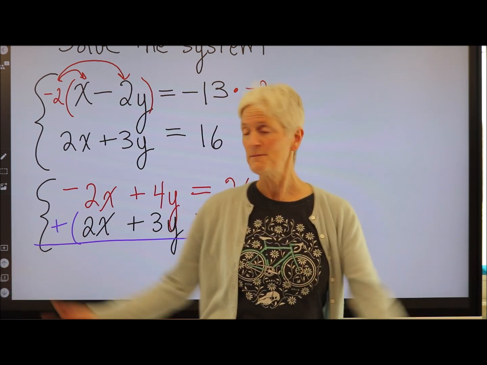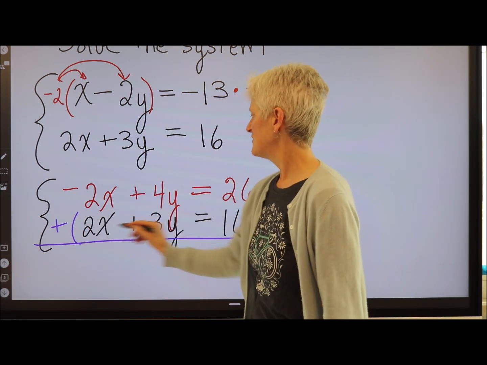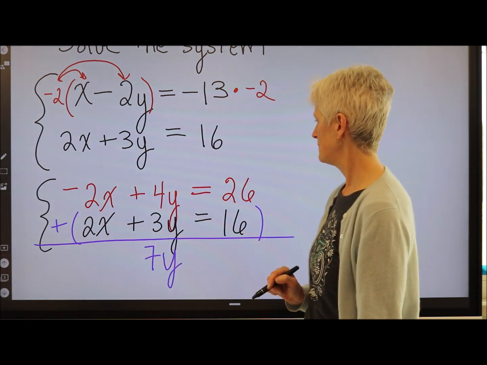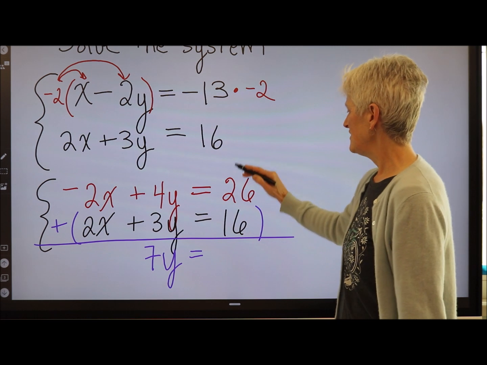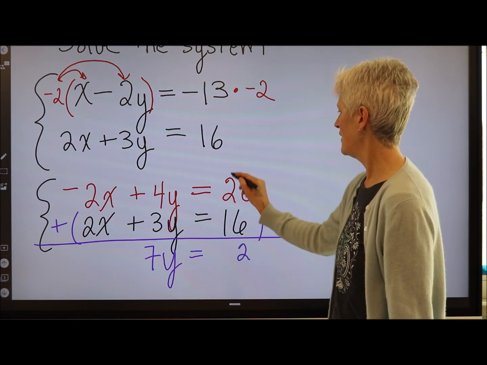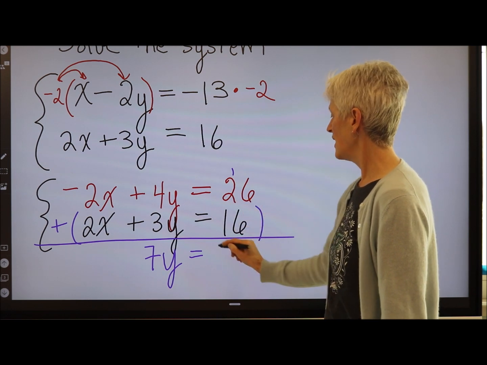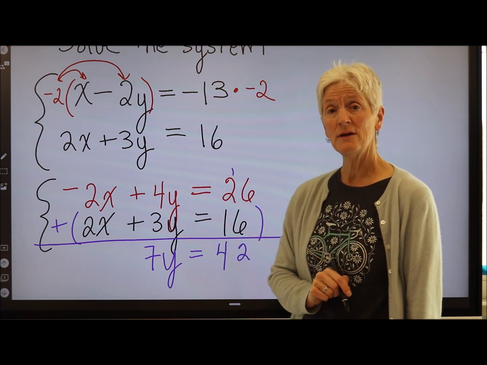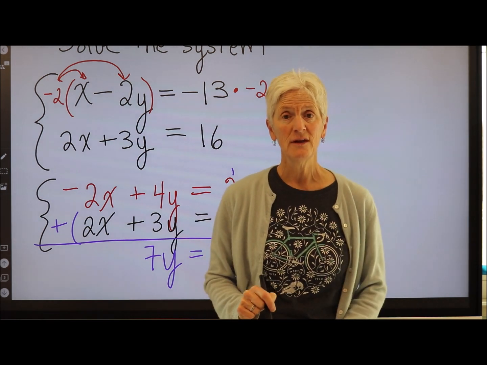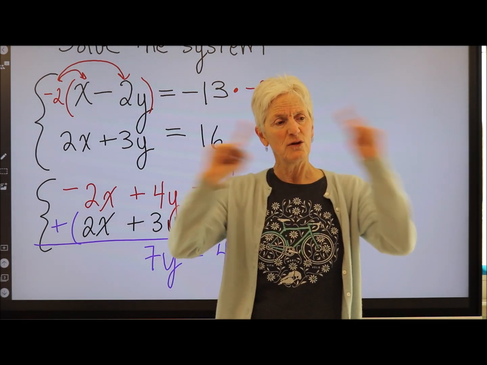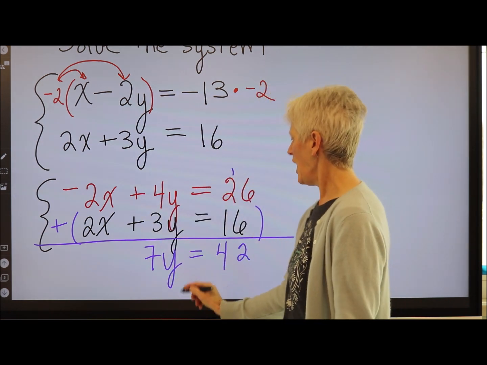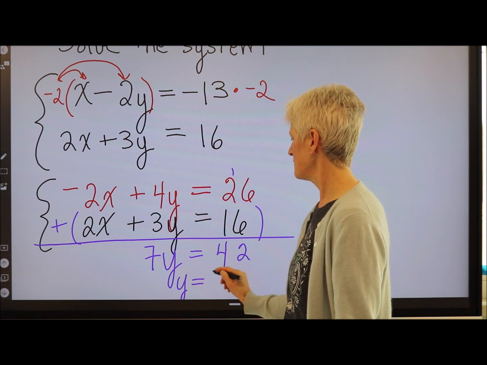No more x. 4y plus 3y, that's going to give me a 7y. 26 plus 16, let's see, 6 plus 6 is 12. 1, 2, 3, 4 is 42. So I have 7 times y equals 42. I can do that in my head if we're good with our multiplication table. 7 times what is 42? Oh, that's 6.